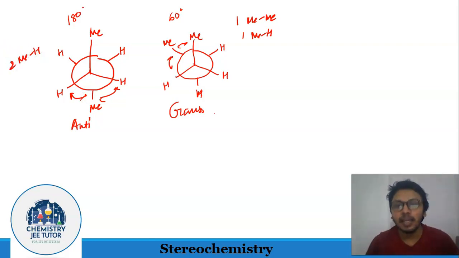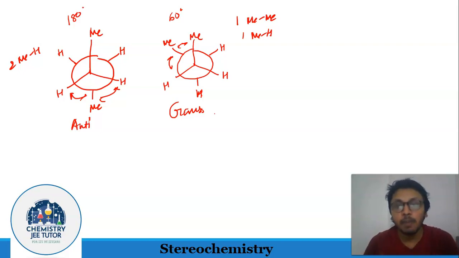Methyl is much more bulky than hydrogen, and this rule applies to all substituents, since all substituents are more bulky than hydrogen. If you consider bromine, chlorine, fluorine, they all are bulkier than hydrogen. So that interaction will be much more destabilizing. A methyl-methyl interaction will be much more destabilizing than a methyl-hydrogen interaction.